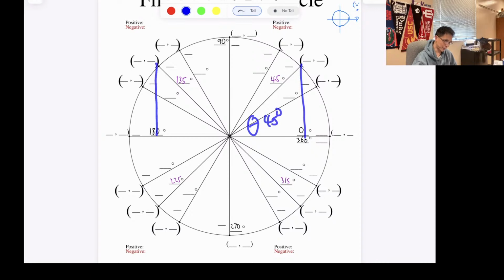This is from the closest axis. This is also 45 degrees. So the reference angle of 135 is 45 degrees because it's from the closest x-axis. Then this is also 45. And this here is also 45, because you basically subtract 360 minus 45 to get 315. So they all have the same reference angle.